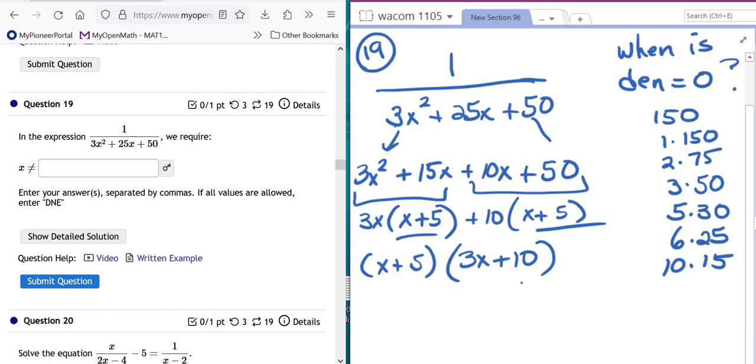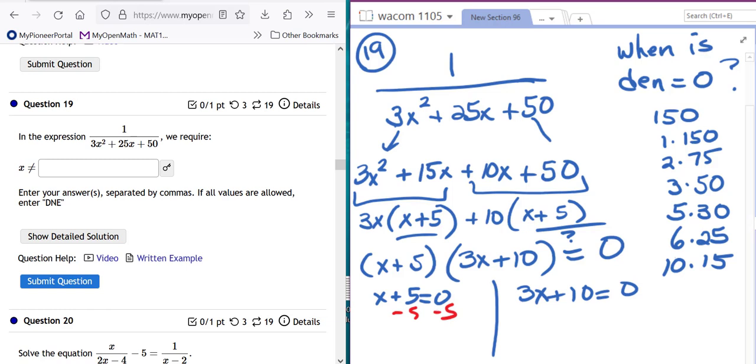All right, all that work was to factor this so we could see when this denominator is 0, because we don't want it to be 0. So you're going to set each piece equal to 0 and solve, and then you'll throw those values away. This one, if we subtract a 5, we don't want x to be negative 5.